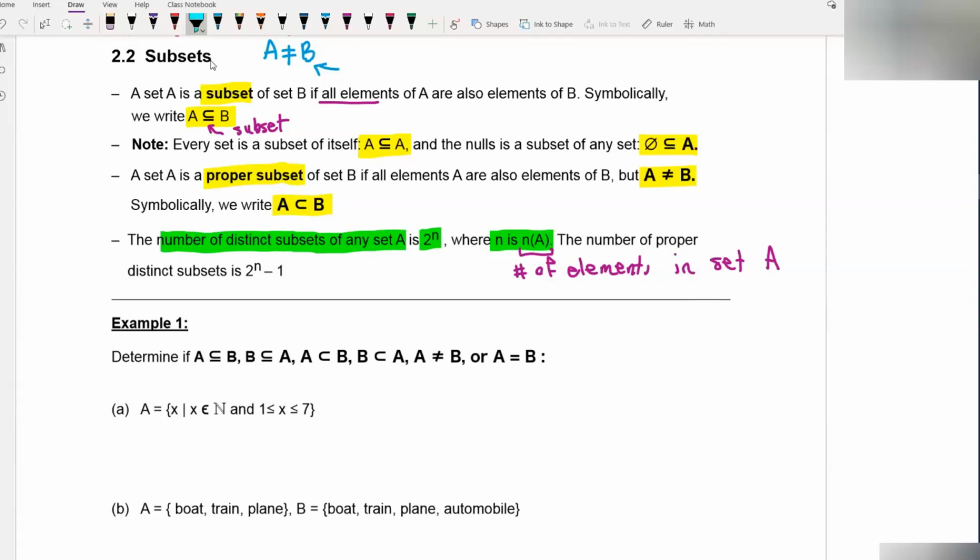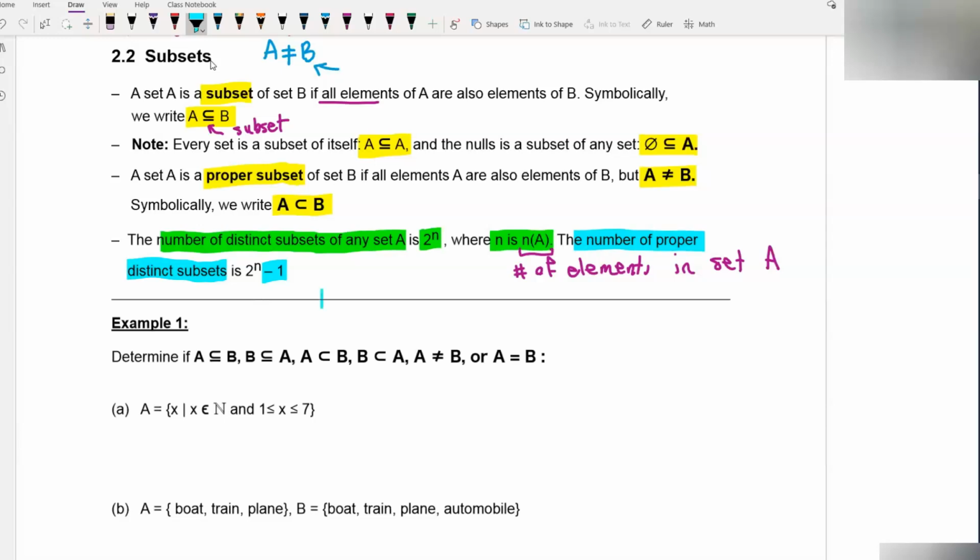But the number of proper subsets, see, the first one was number of subsets, 2 to the nth power. But to find the number of proper subsets, in this case, we do not have equal to. Since we do not have equal to, we have to subtract 1 from the total number of subsets.